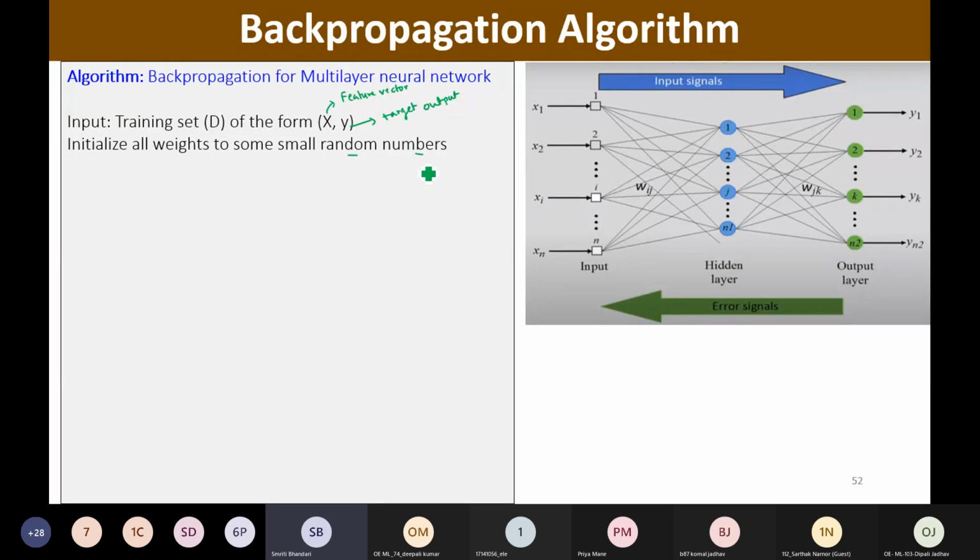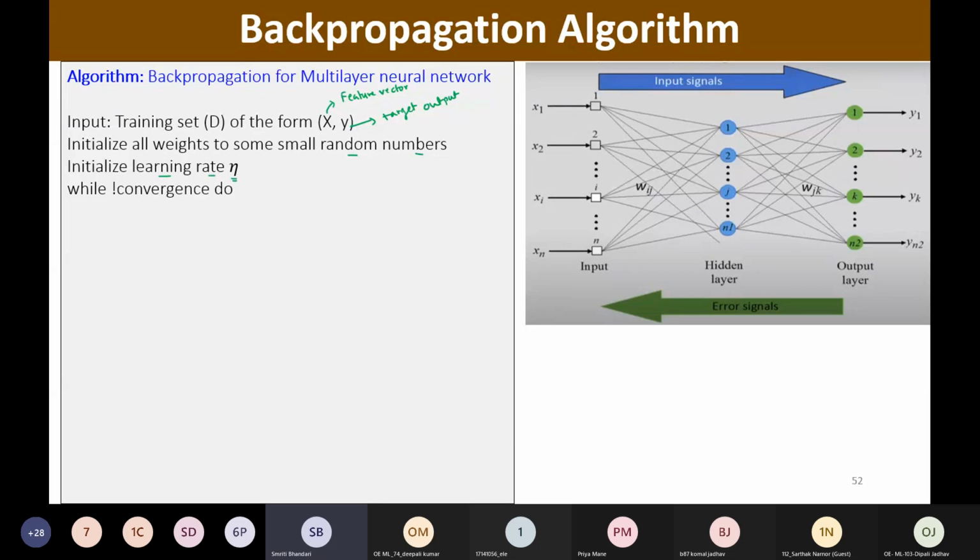There are so many weights now. What are those weights? A weight is associated with every connection. All those weights need to be initialized using small random numbers. Also, we need to make use of the learning rate eta, so that learning rate eta also needs to be initialized.